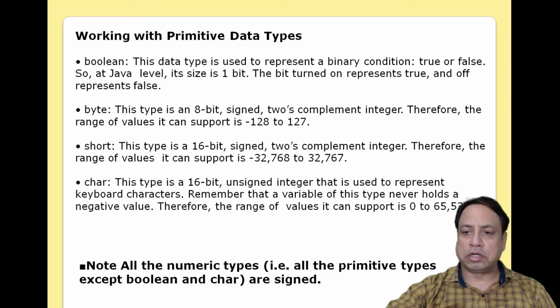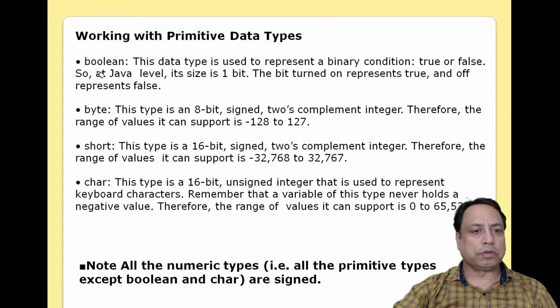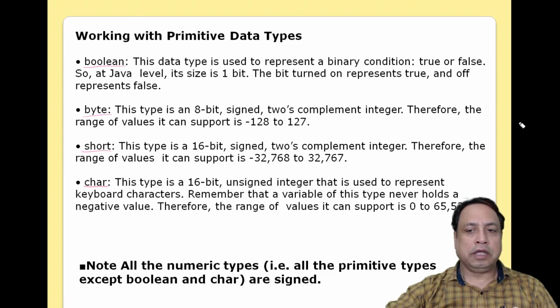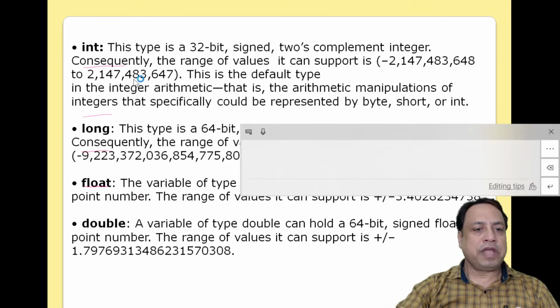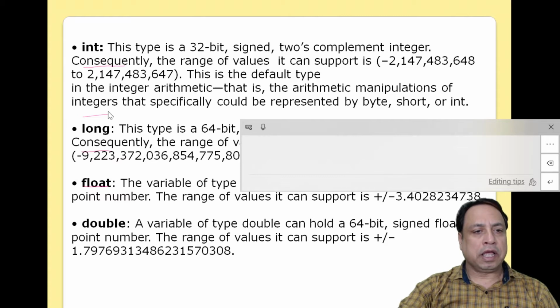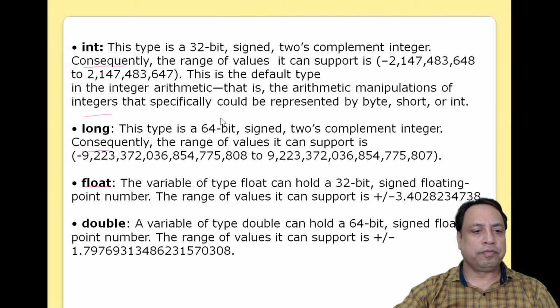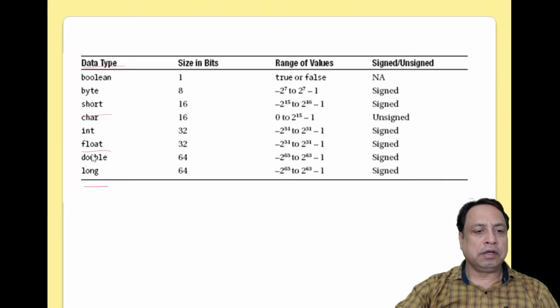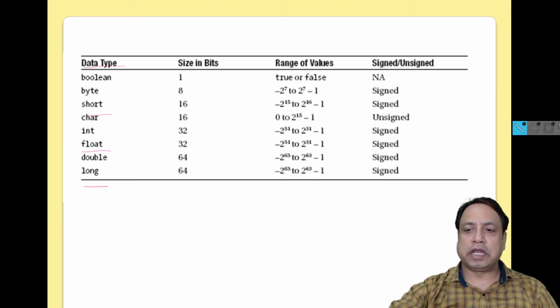So we have Boolean, byte, short, and character, taken care of by the char keyword. We have the int family: int, long, float, and double. These two data types, float and double, are related with real numbers.